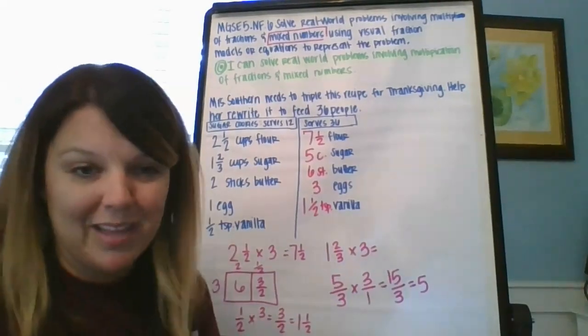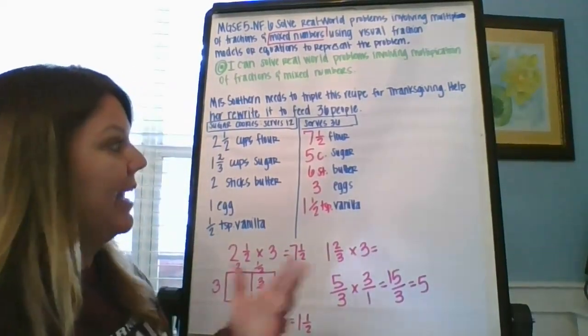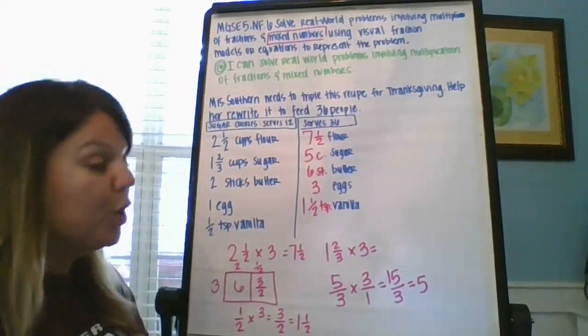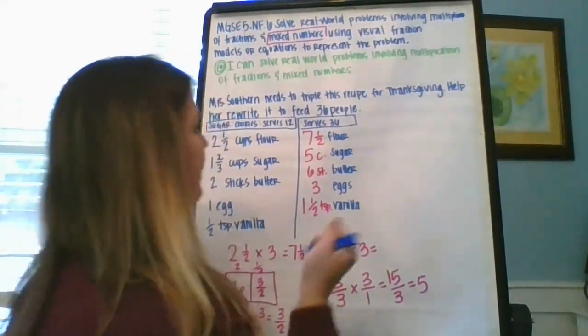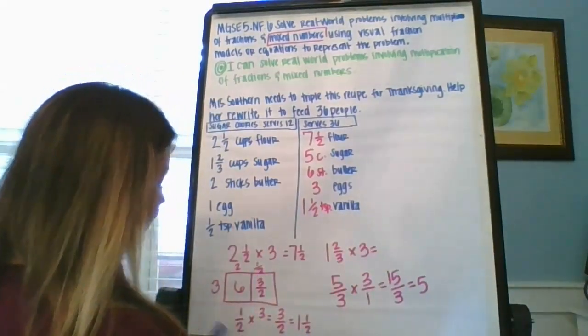Now you're like, oh, Miss Heather, that doesn't look very complicated. You're right. But if I have to multiply for any reason 2 mixed numbers, okay? Let's make a little side note.